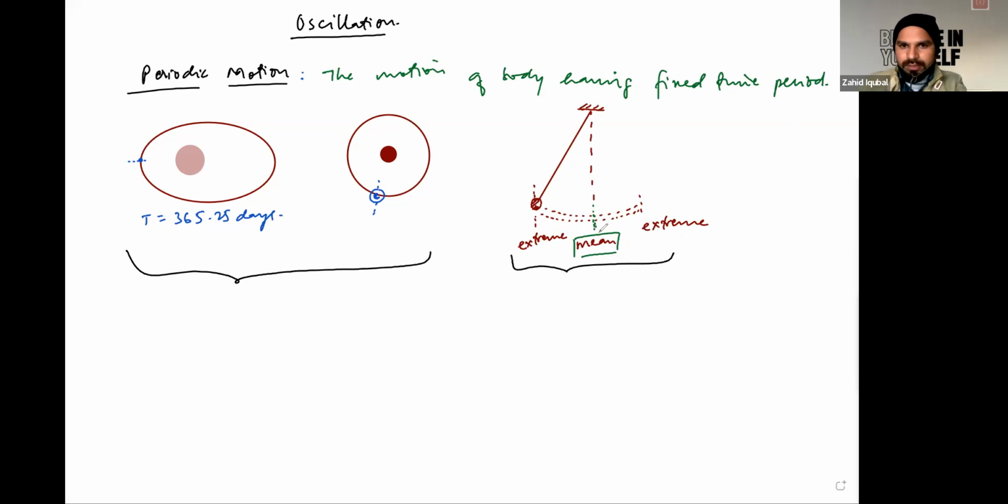So we can call this particular periodic motion by a special term, that is simple harmonic motion. We may define it as a periodic motion in which body moves to and fro or up and down about a given fixed position called mean position. Then motion of body is termed as simple harmonic motion.